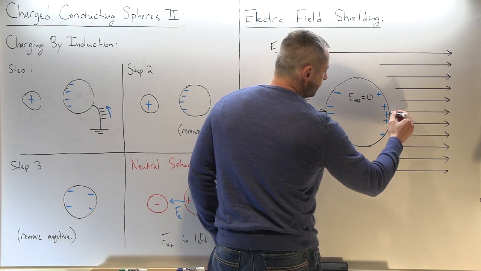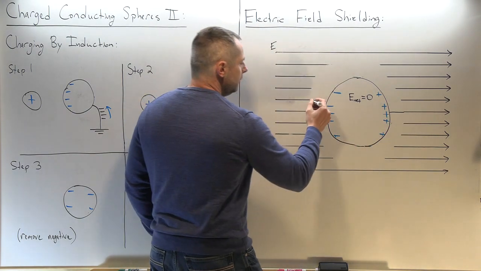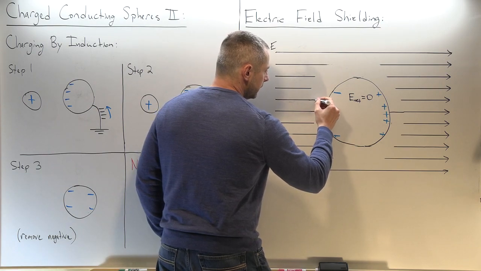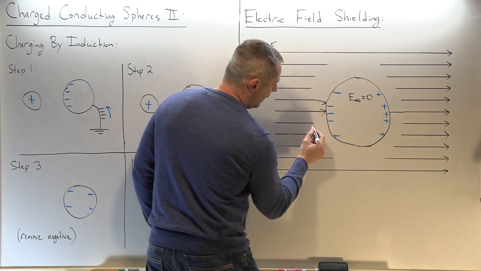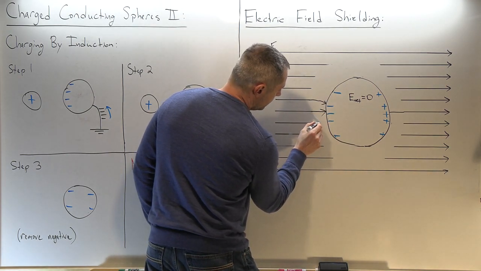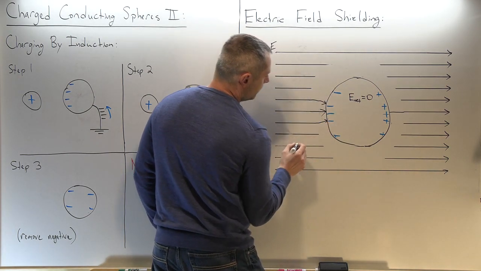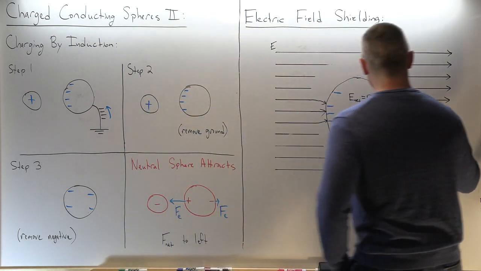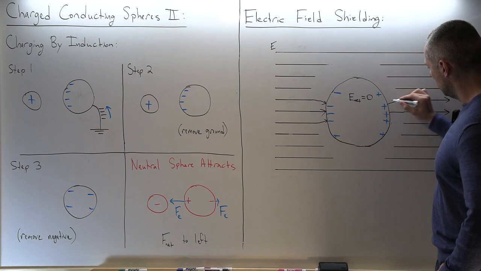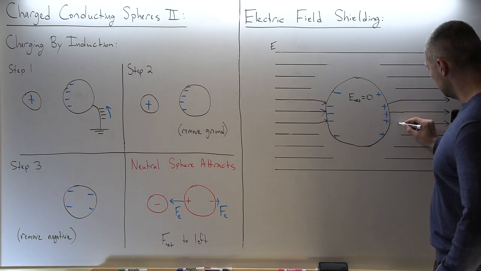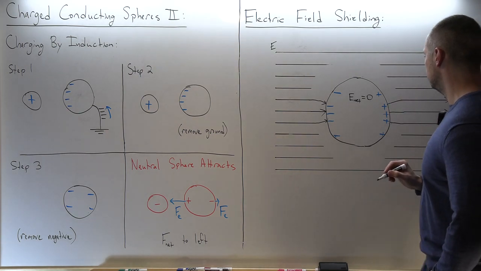So these two are fine, but this one, as it's coming closer, it's going to have to curve in order to hit at a 90-degree angle. And then these had to have curved away to start at the surface at a 90-degree angle.